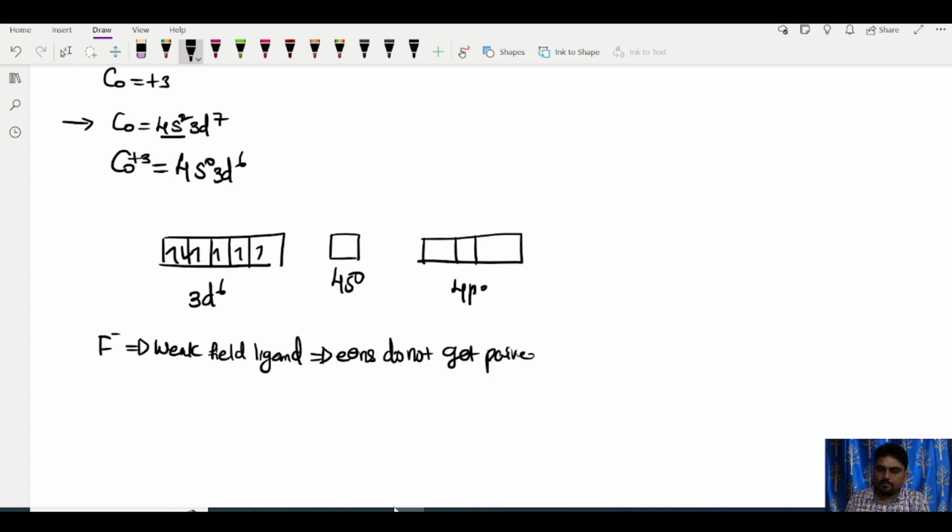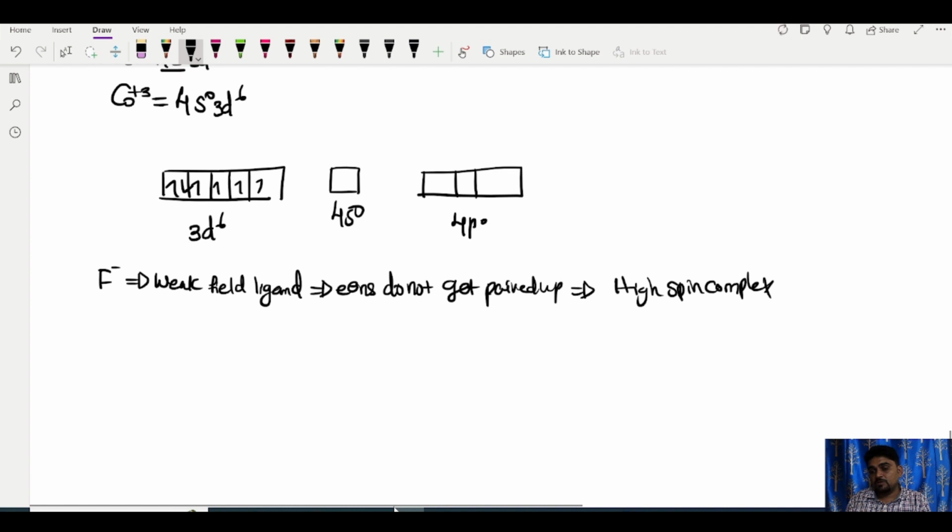So it will remain as a high spin complex. Now each fluorine is a ligand. Sorry, I forgot to draw here the d subshell having 5 orbitals, and 4d 0.